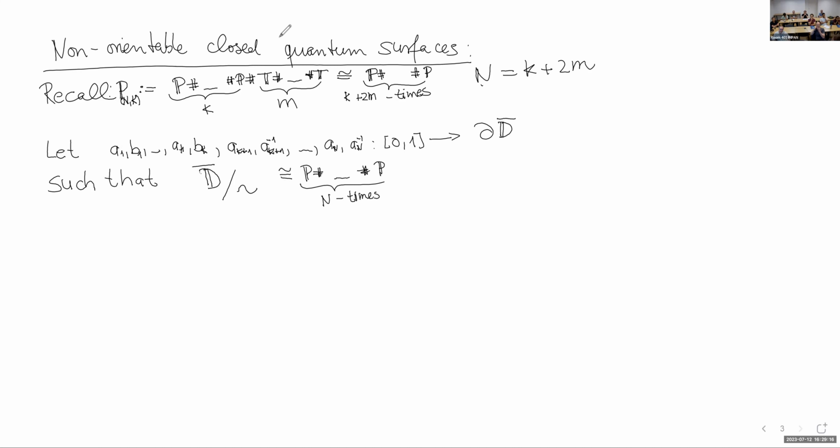Now, if I shrink this up to a point, it's enough if I tell you with words. If we shrink the first arcs, which come with the same orientation, to a point, what does it mean? I identify all these points.